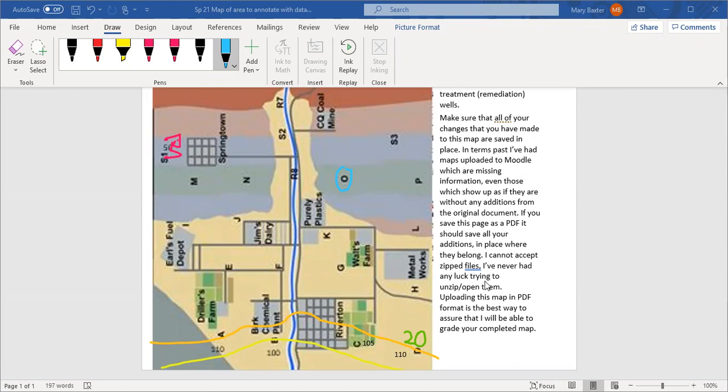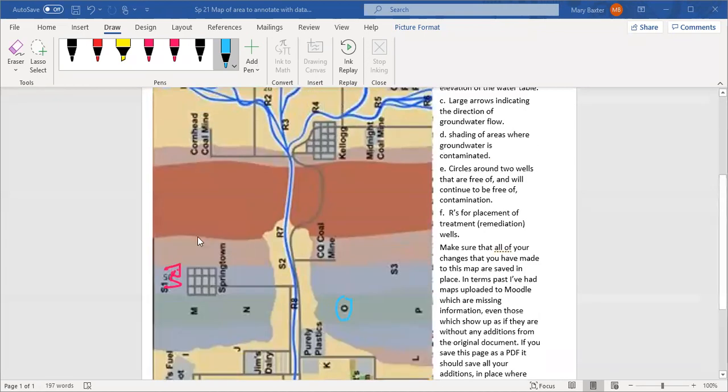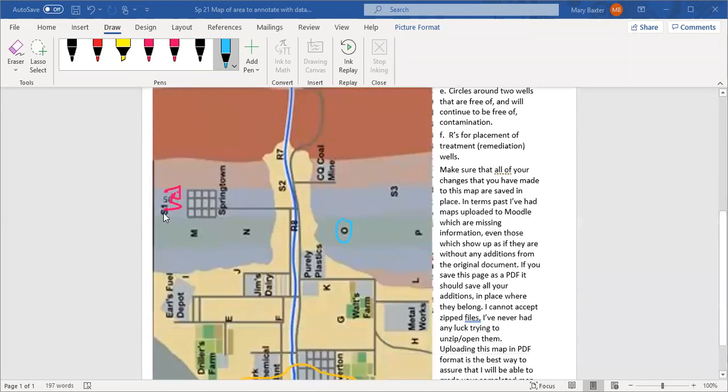They're all jumbled up. So again, I emphasize, make sure that the annotations you've made, all of the markings that you've made on this map, are in place and permanent on that figure before you upload this 1-page document back to Moodle. So that's page number 2.